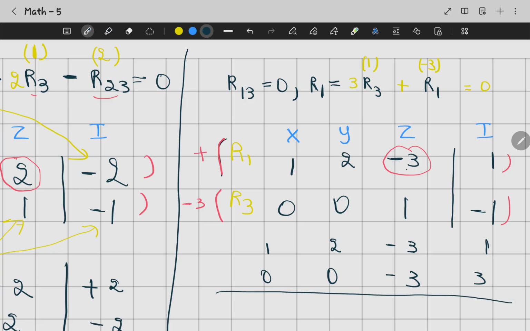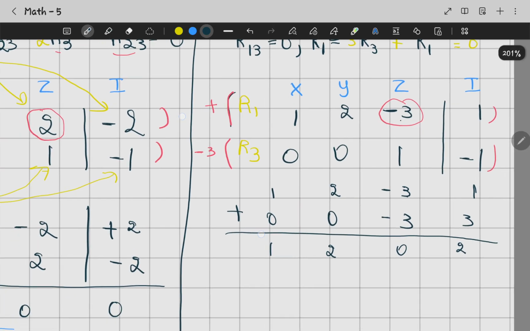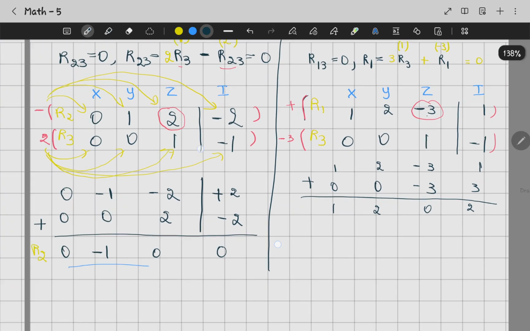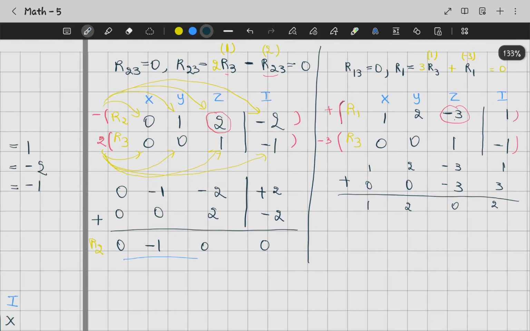And then if I add them together, it will be 1, 2, 0, 2. This is what I will get for this phase.